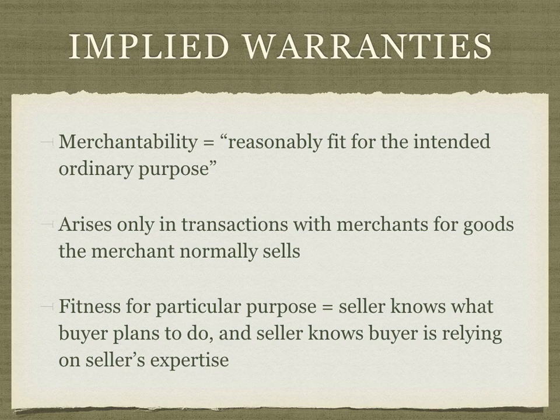So you have to have more of an interaction with somebody with expertise at a retailer for that to work out. But it's possible that you can have one or both of these warranties in the same transaction. Just depending on what happens determines whether these implied warranties would apply.